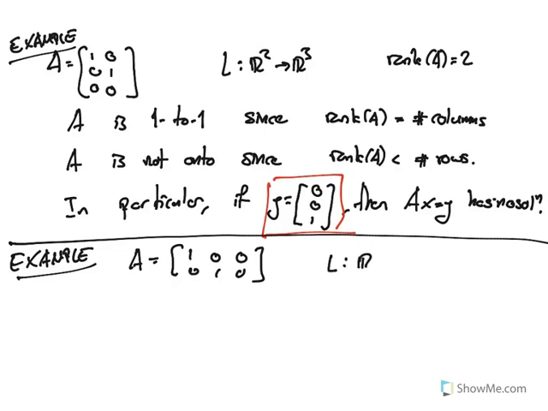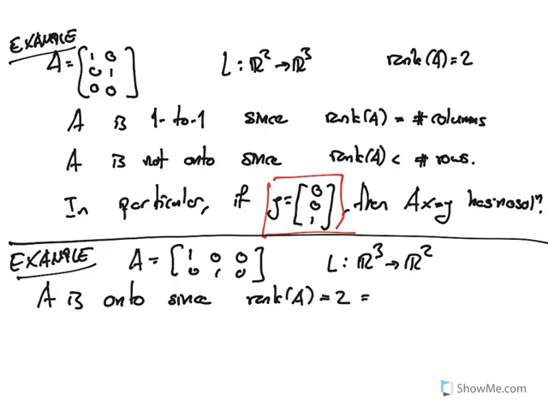So L in this case maps R3 to R2, and A is onto, since the rank of A is equal to 2, the number of rows.